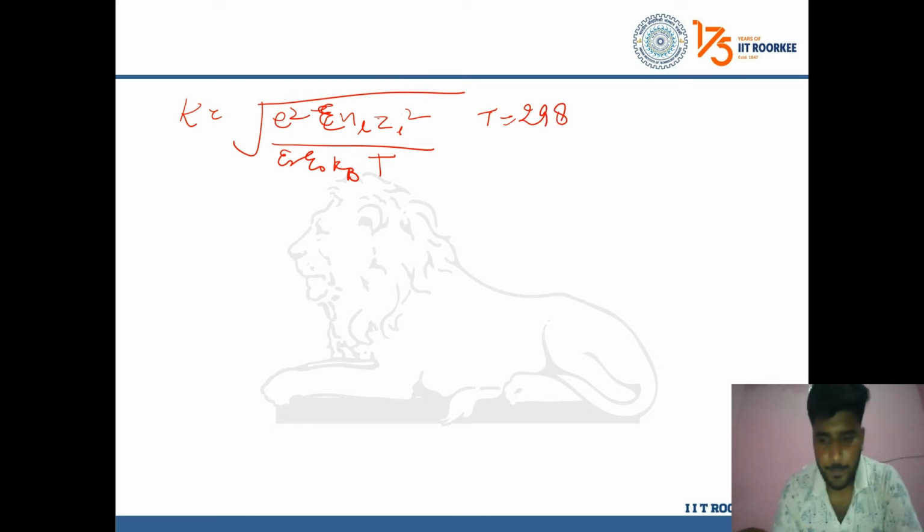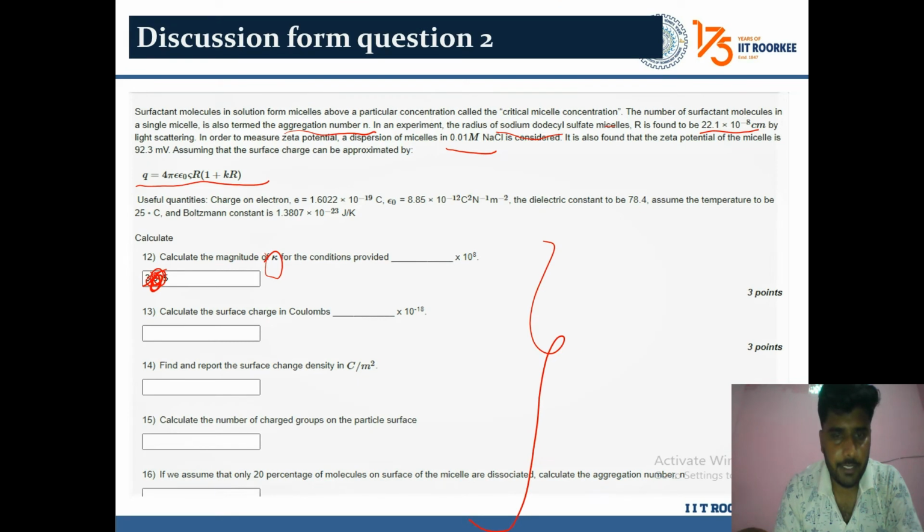So try it on your own. I will just be asking for the value of kappa. Accordingly, I will be solving the other problems, that is 13, 14, 15, and 16. So first you have to calculate the kappa value on your own, because I have calculated the kappa value multiple times.